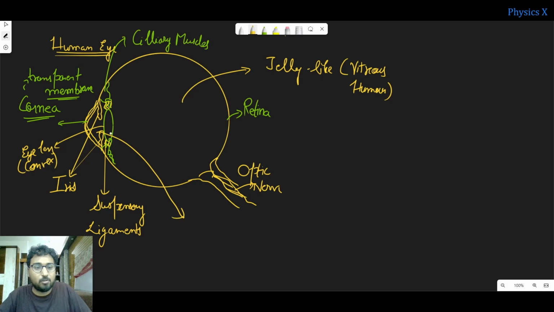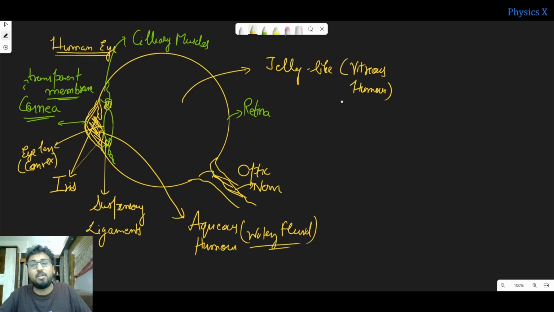There is also a fluid between the cornea and the eye lens, called the aqueous humor, which is a more watery kind of fluid. So these fluids fill these spaces, and we name them vitreous humor and aqueous humor.